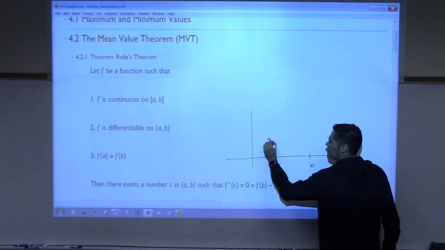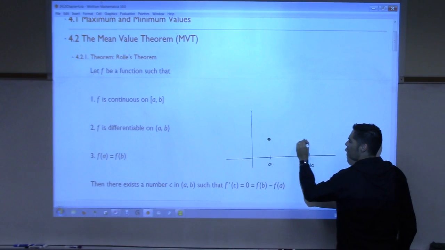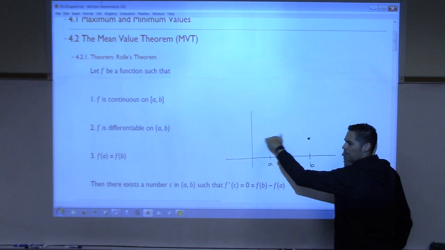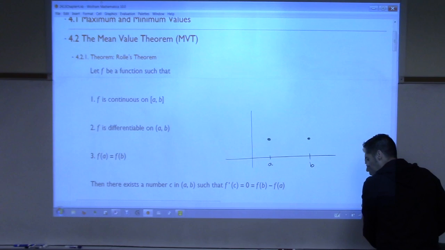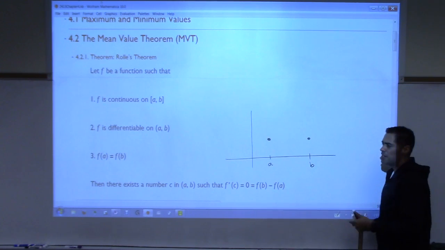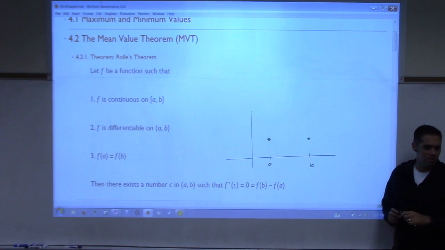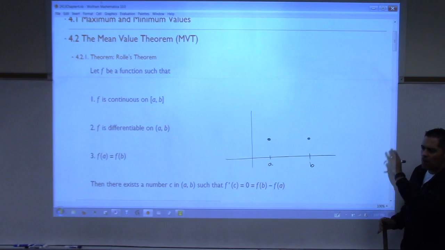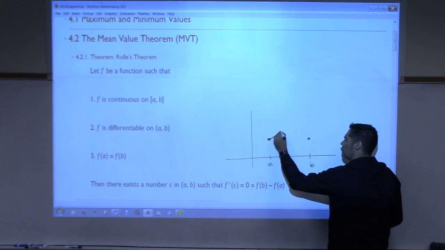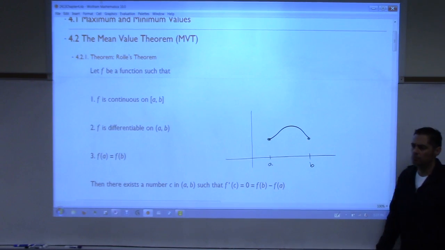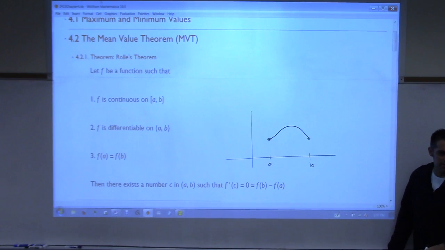So let's say this is f(a). f(b) would be here, right? They have to both be equal, the same height. Now I try to draw a continuous function connecting those two together. You can imagine different ways you could do this. I'm just going to make one up. That good? You could have done many different things.